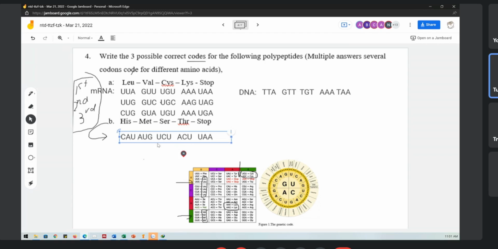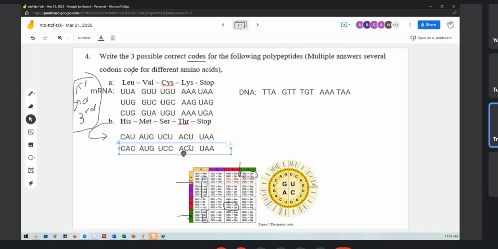How about the second one? So for the second one, I can choose CAC for the first one. I can't change the second one. For the third one, it would be UCC. UCC also works, right?